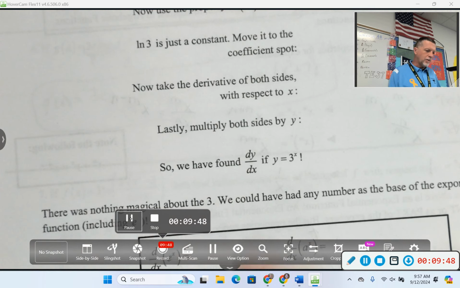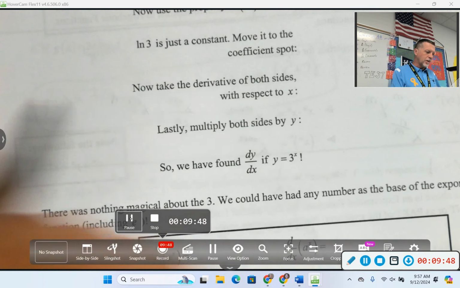Okay, well, I don't want to go through all of this to get to the next statement. It's a lot of work. Let's just jump to the end here. If the base isn't e, well, we already know the derivative of e to the x is e to the x.